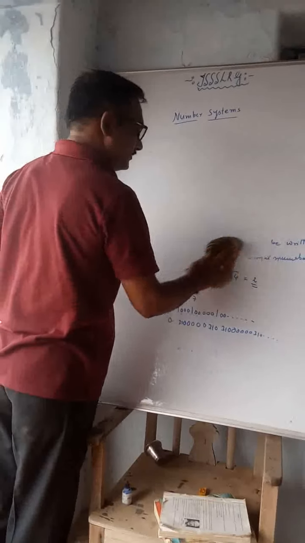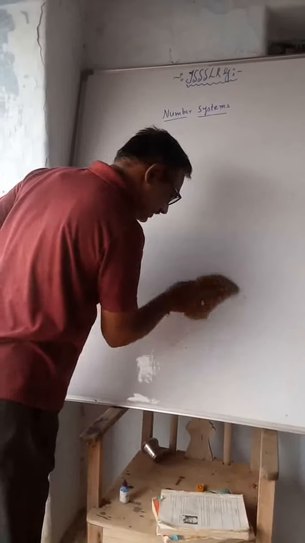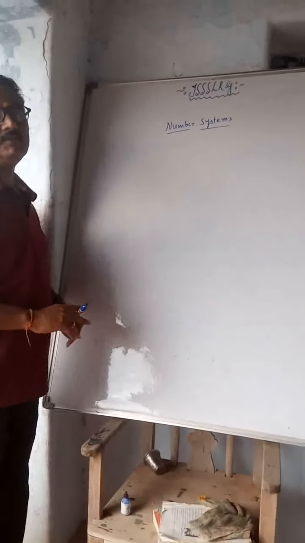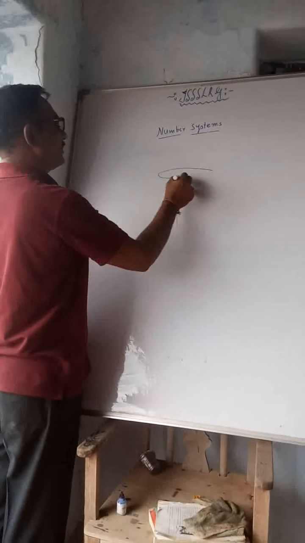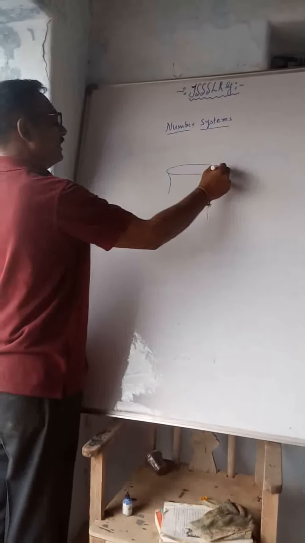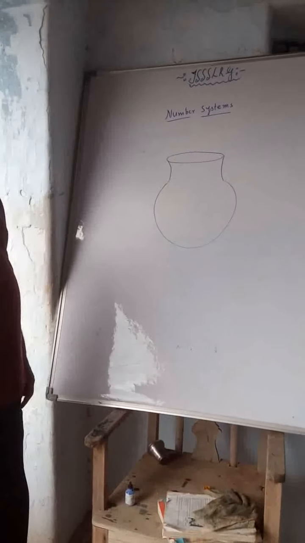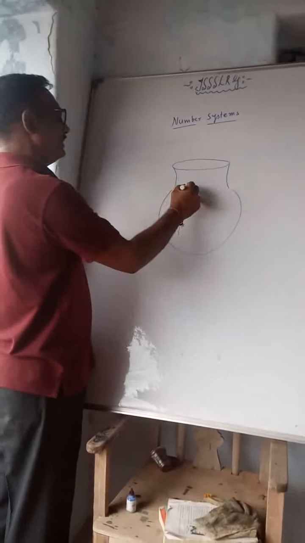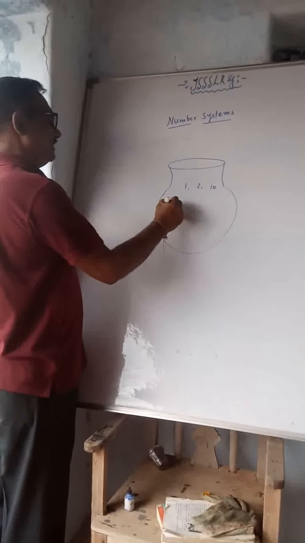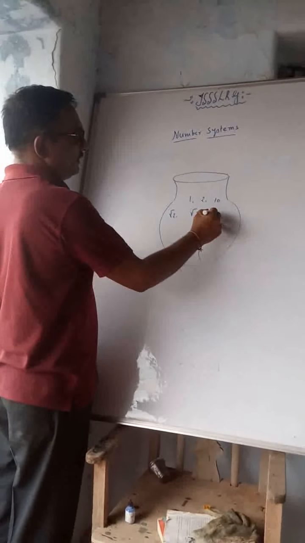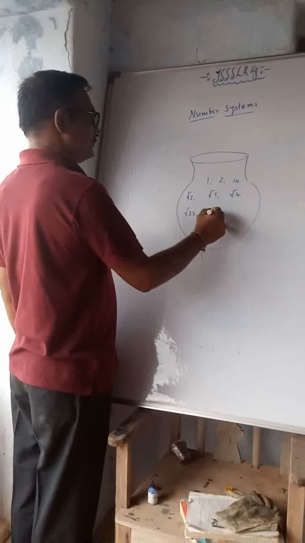Suppose we put all these numbers in a big box, a big pot, and write down all the numbers we have learnt: the natural numbers 1, 2, 10, then root 2, root 5, root 7, root 23, 0.25.